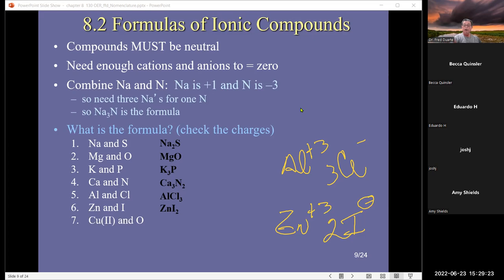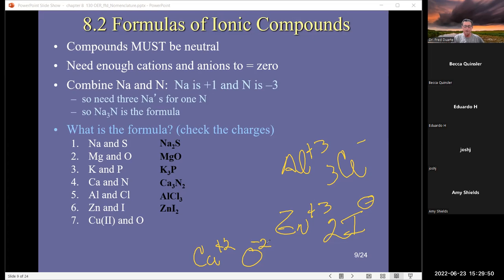Okay, now we got the variable oxidation state. That Roman numeral tells me that I'm dealing with copper +2, okay? And the oxygen is a group 6 nonmetal. It will gain 2 electrons as a -2, just like the sulfur did, okay?